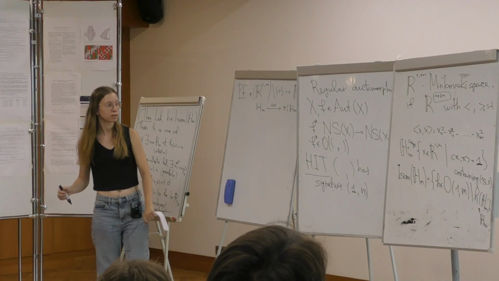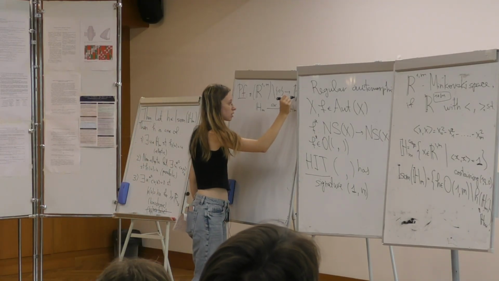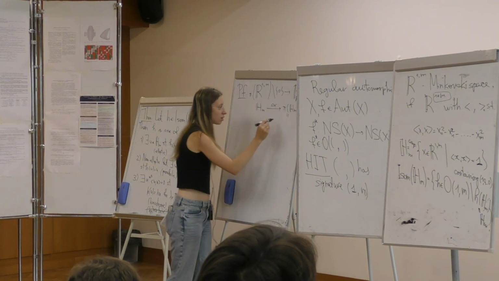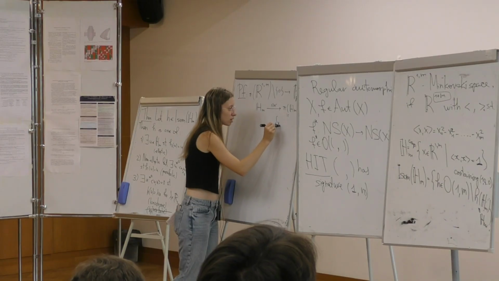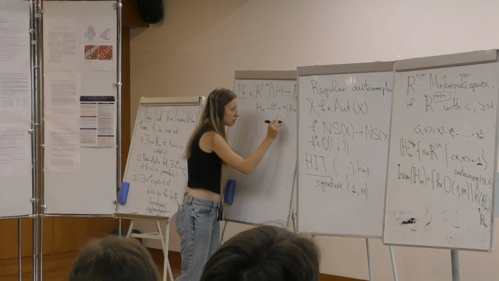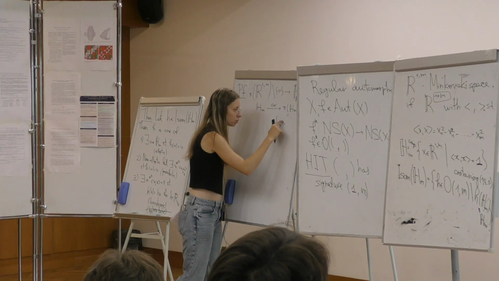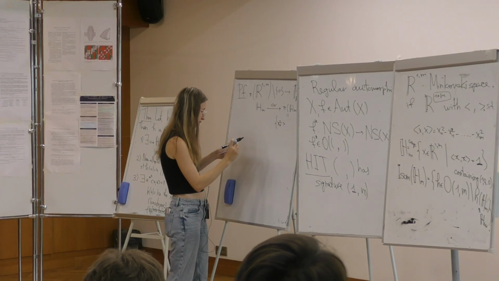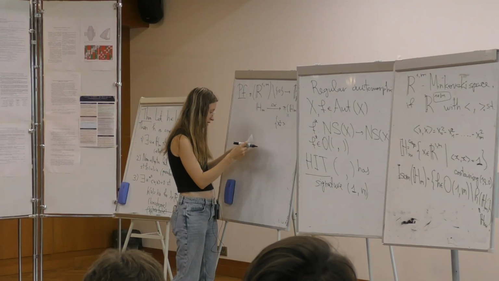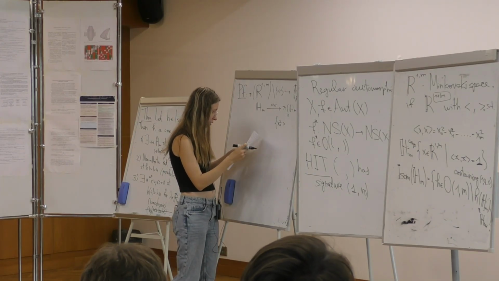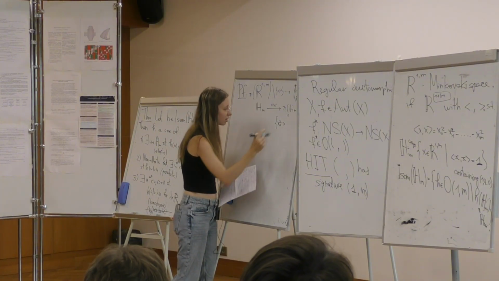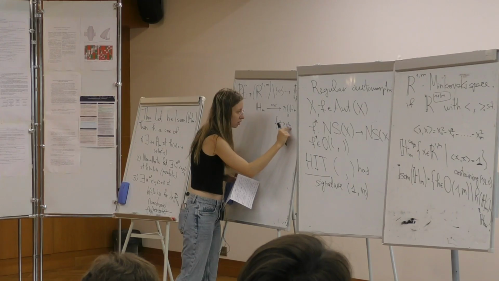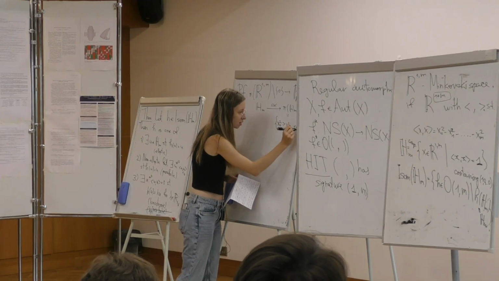This is the real projective space, and this is a subset given by the formula x0 squared greater than x1 squared plus etc. plus xm squared.